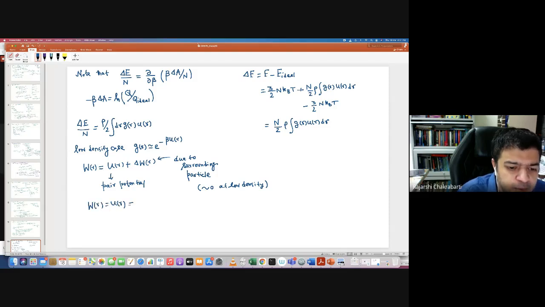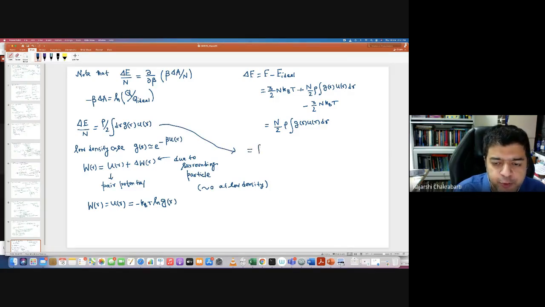And you remember what w(r) is? It was −kBT ln g(r). From here you get this. So I can say what will happen to this integral: I'm going to write it as ρ/2 ∫dr exp(−βu(r)) u(r), and I can write 1 plus other terms which are a function of density.